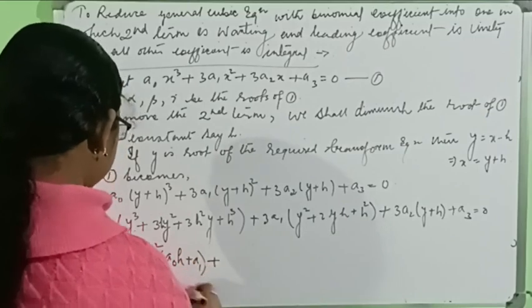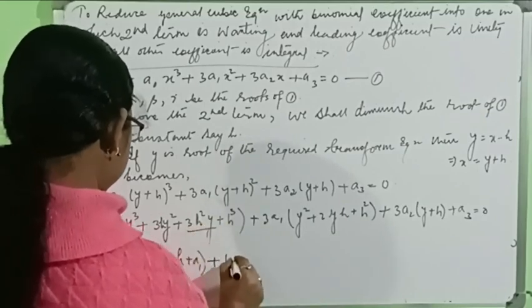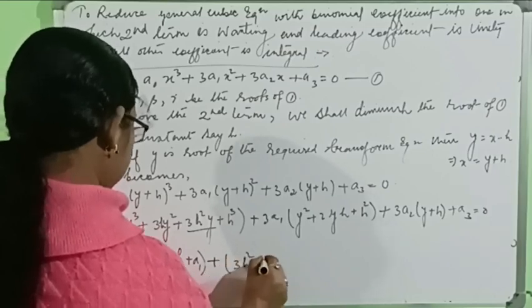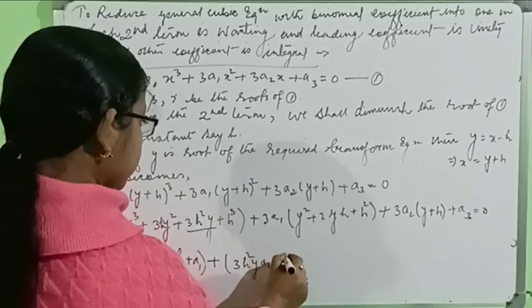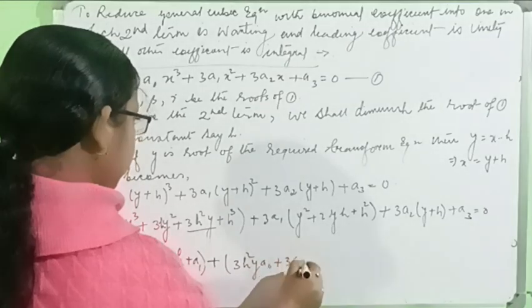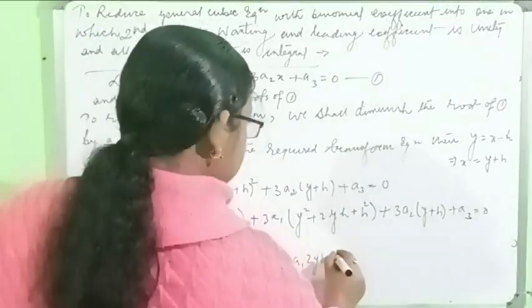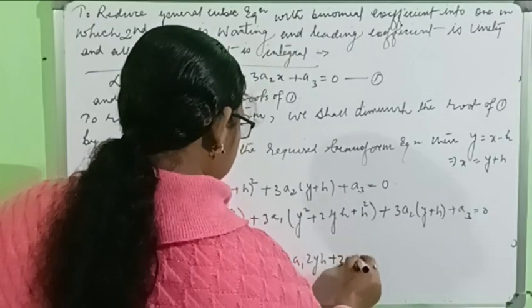Then again write 3h square y a naught plus 3a1 2y h plus 3a2 y.